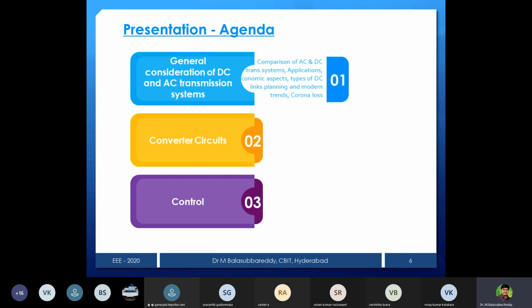All these things come under economics of power transmission. Based on the distance we can decide whether AC or DC is preferable. For low distances, generally AC transmission is cheaper, but for long distances and bulk power, we preferably use DC transmission. That is what comes under the economics of power transmission.